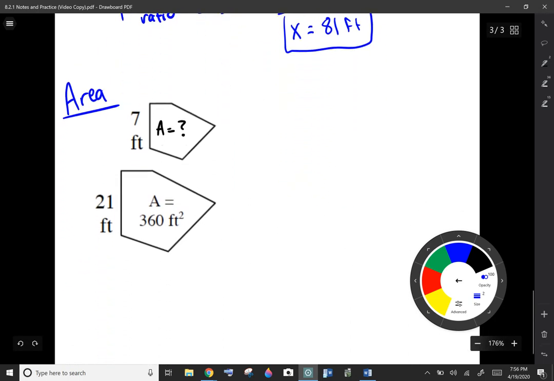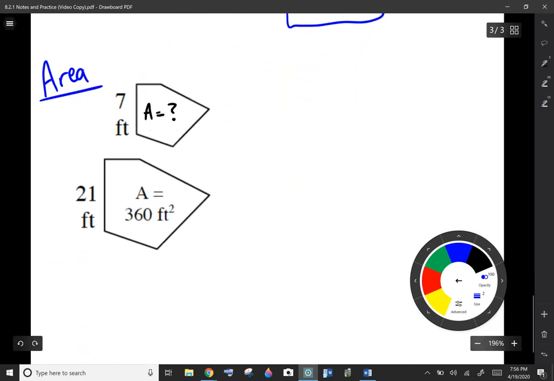As another example, if we're working with the area, and we don't know the area of the smaller shape, but we do know the area of the larger shape and both dimensions of one side. With these two figures, again, we know that 7 to 21 is 3 times as big. Our scale factor is equal to 3.